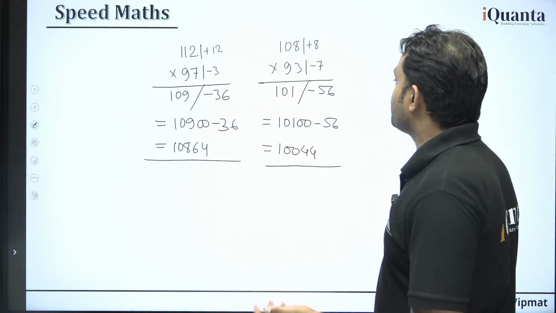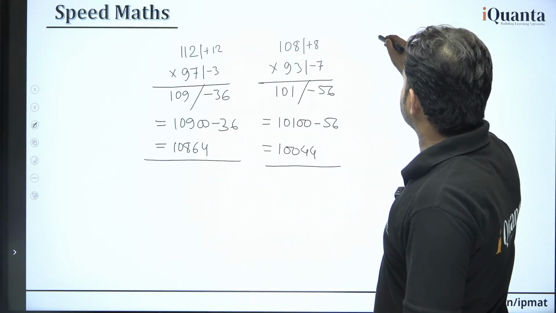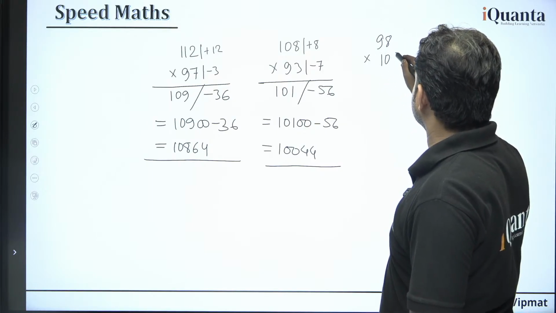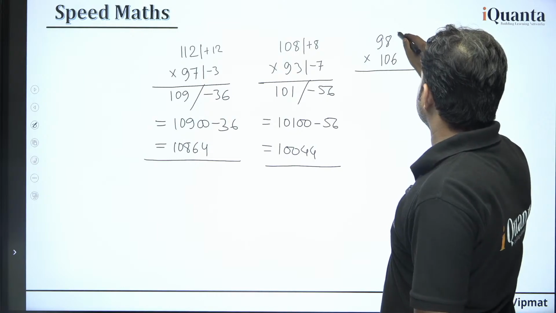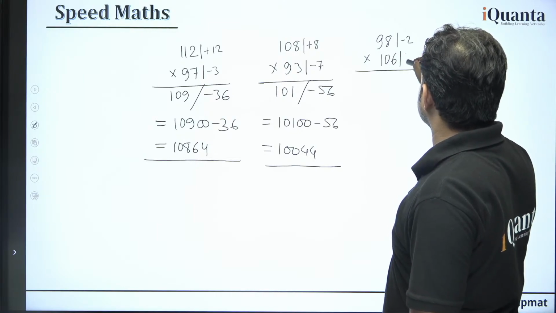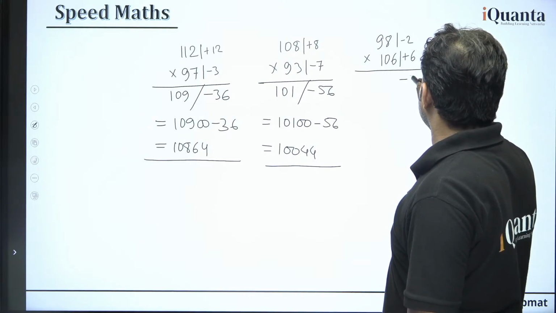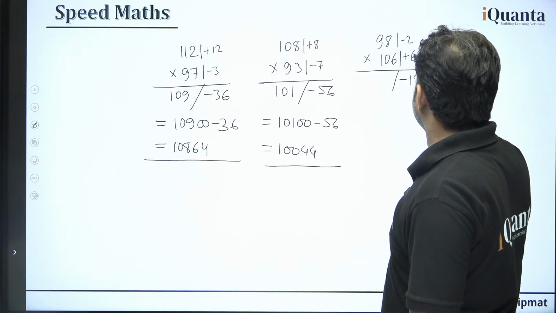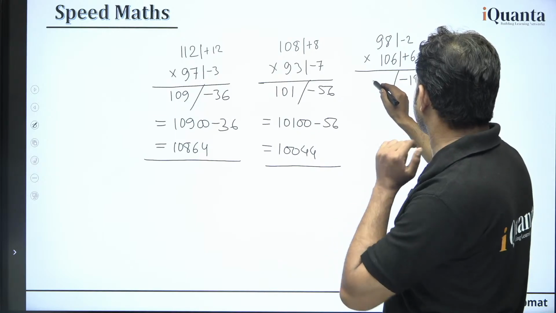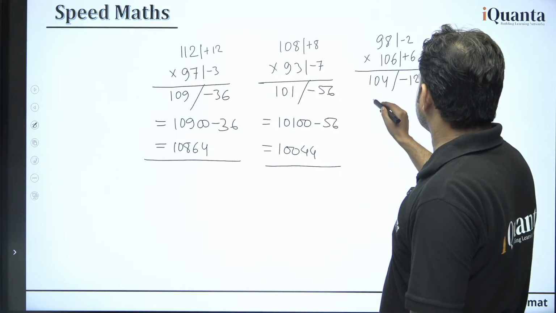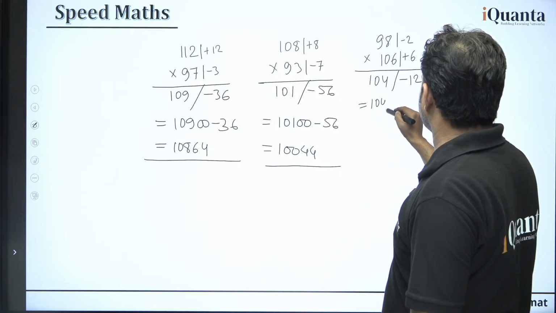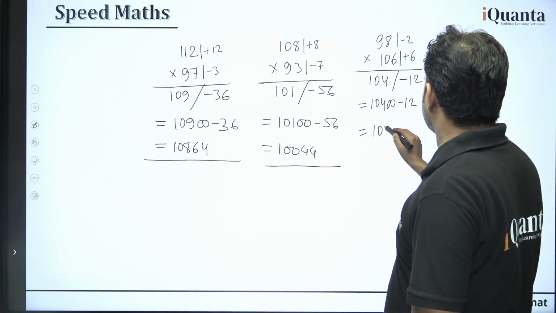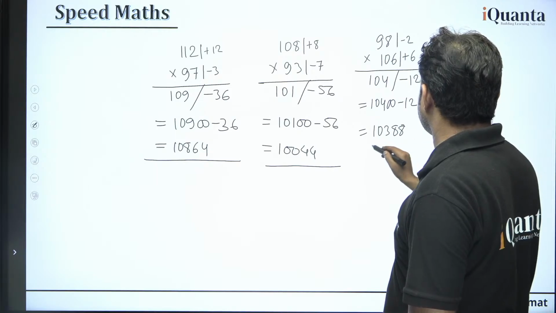Okay. Let me give you another example. Like let's say 98 into 106. This is minus 2, this is plus 6. 6 into 2 is minus 12. Then 100 minus 2 plus 6 will be 104. So, this will be 10400 minus 12, which will be equal to 10388.